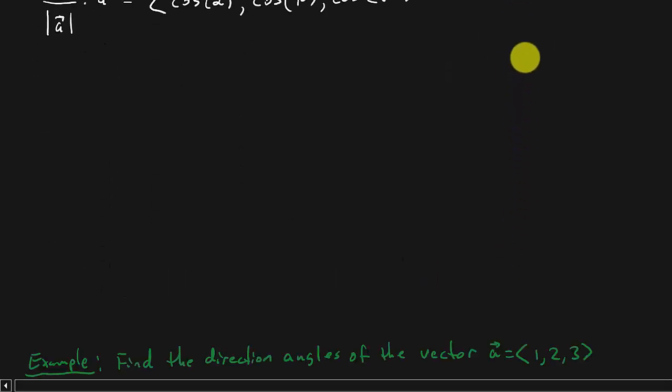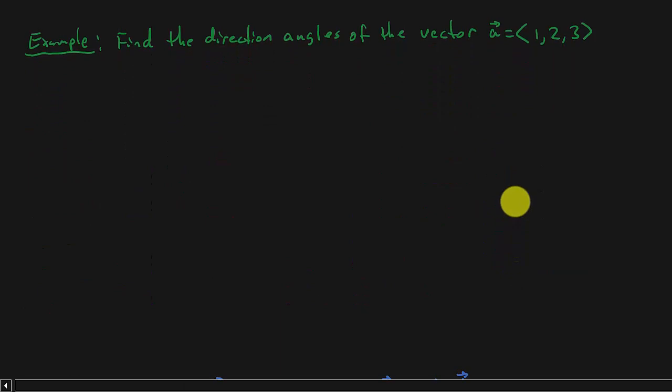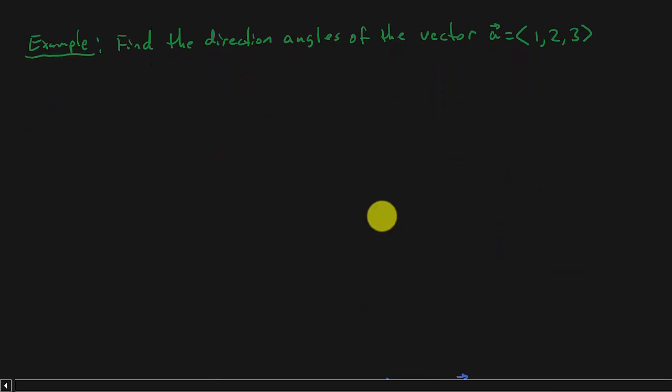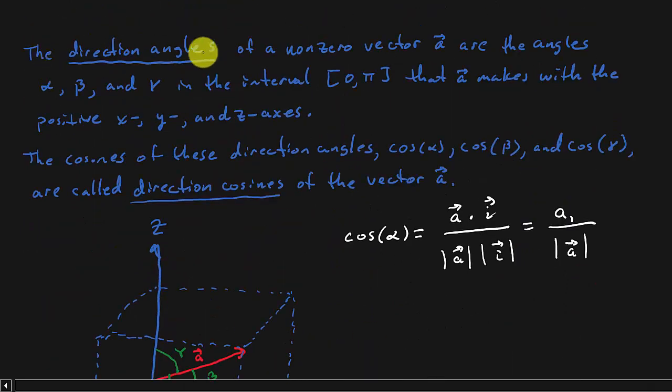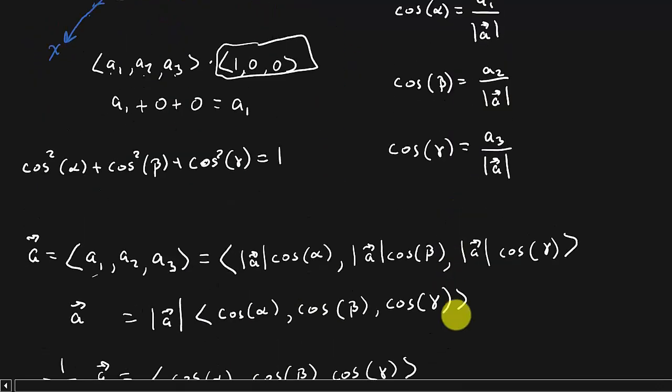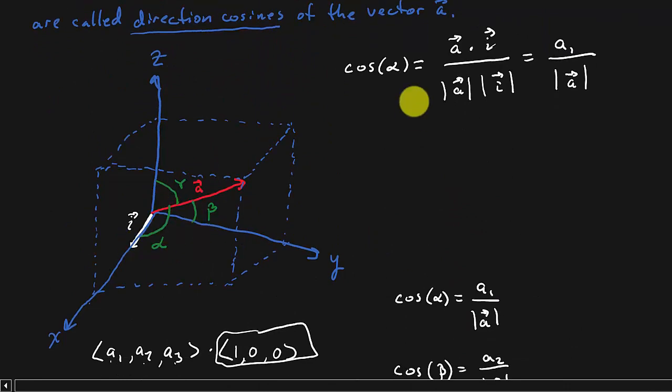All right, so let's look at this next example. It says find the direction angles of the vector. See, this is what we were talking about earlier, the direction angles of a vector. Okay, that's the alpha, beta, gamma.